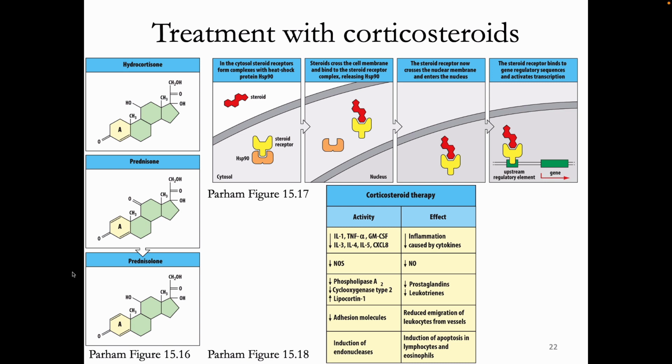But I also want to go back to one other thing. So Justin had heard of cortisol, or cortisone. And what did you say it was, Justin? Stress hormone. It's also a hormone that you make when you're stressed. What does that tell you? What does all of this tell you about what happens to your immune system when you're stressed?